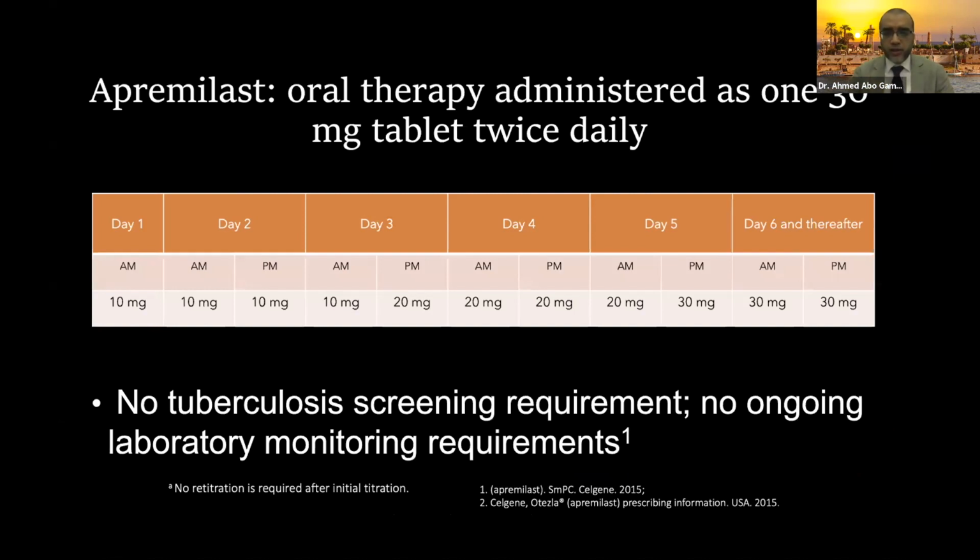It was very different from the injections already approved among the previous biologics. It was oral and given in a titrated dose starting from day 1 to day 6 and after, from 10 milligrams to 30 milligrams twice daily. And the most interesting thing is that it has no risk for TB and no TB screening is required before starting the medication.